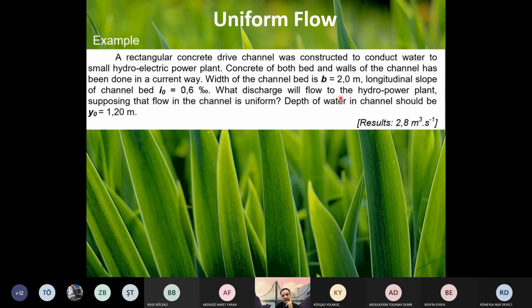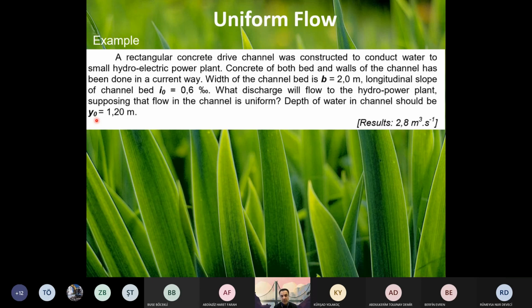What discharge will flow to the hydropower plant, supposing that flow in the channel is uniform? It means that since it is uniform, we can use the Chezy formula. Depth of water in the channel is Y0 equals 1.2. Y0 is what? It is our normal depth, yes?